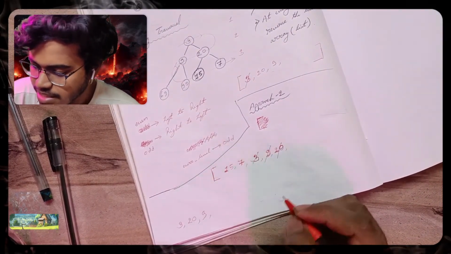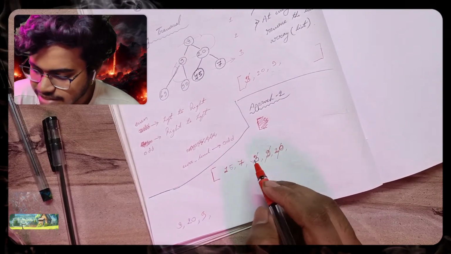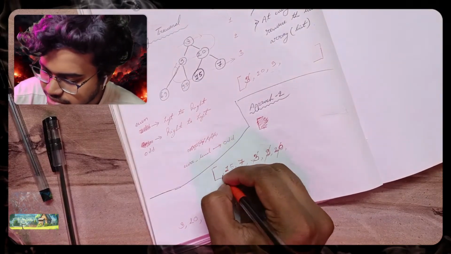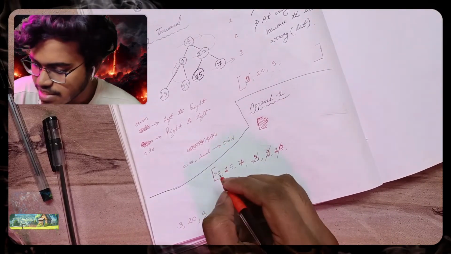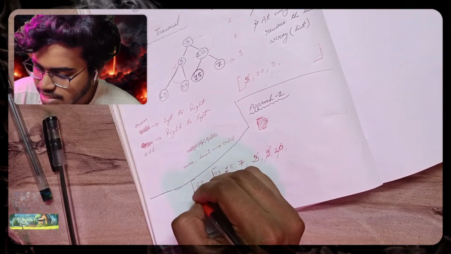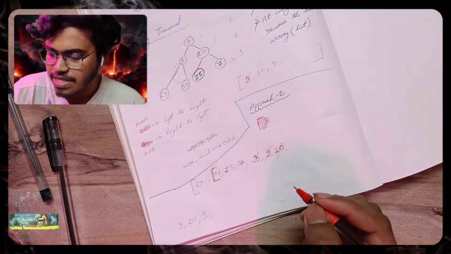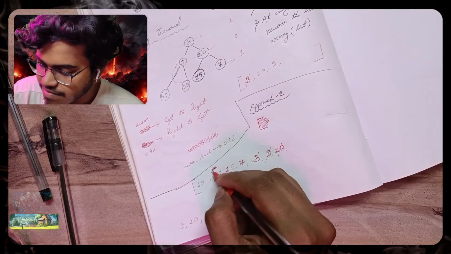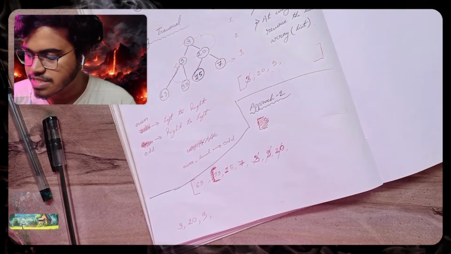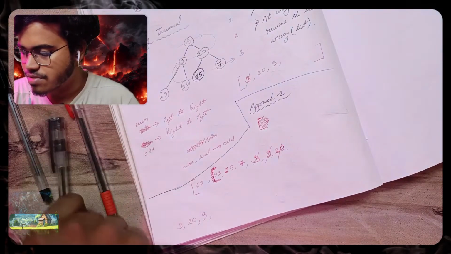So print 9, then add the children of 9 into the queue. For that we have to insert the right child first, 99, and then the left child, which is 69. So this is the way, and again we will follow it for the rest of the items. Okay, so what things do we need to note down over here?